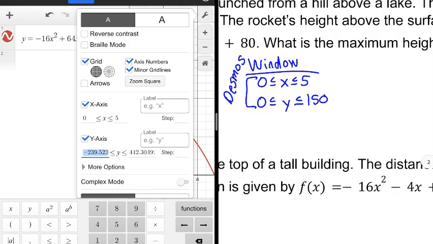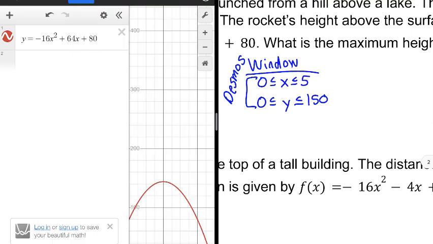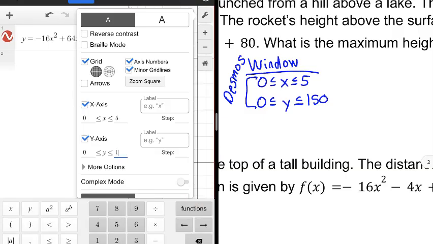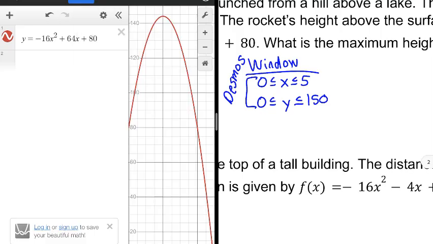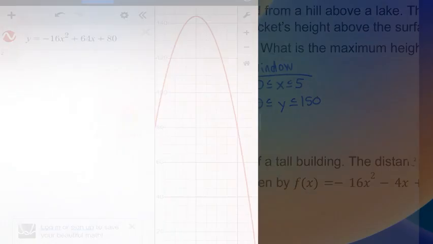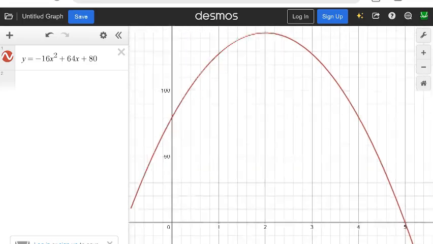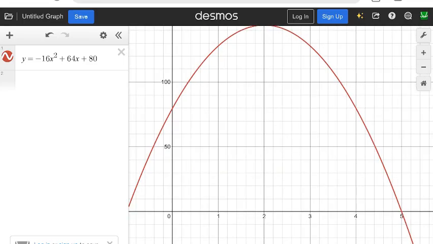Then y, we're going to do the same thing. 0, but the y goes to 150. Okay, look at it now. Is that a lot easier to imagine what it looks like? All right, we're going to just zoom it a little bit just so we can see the x-axis and the y-axis. Now we're going to copy this down on our graph that we drew, our little graph.